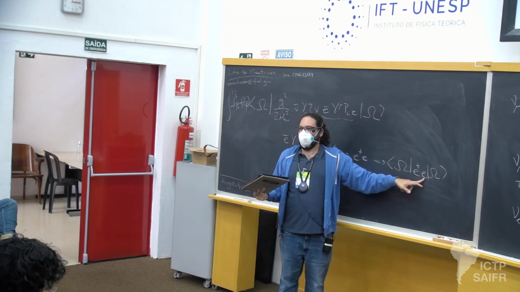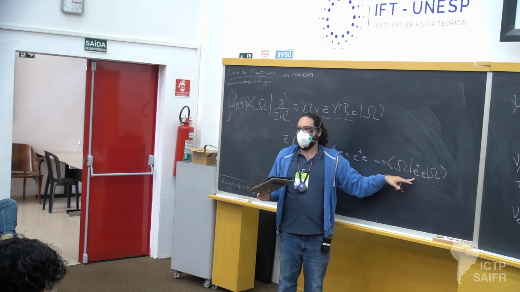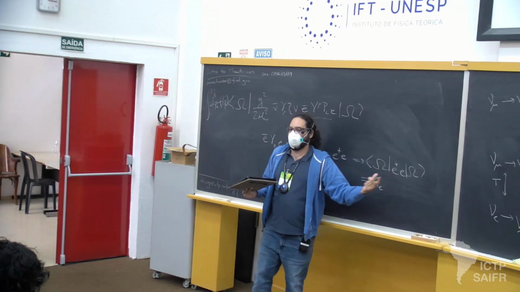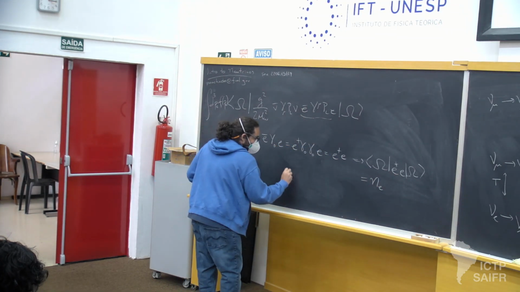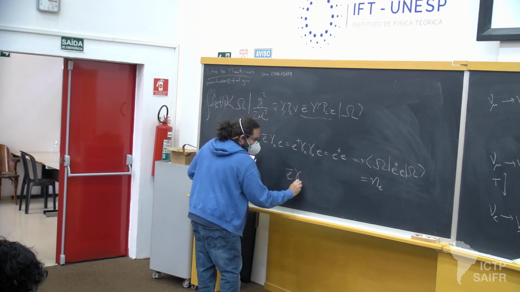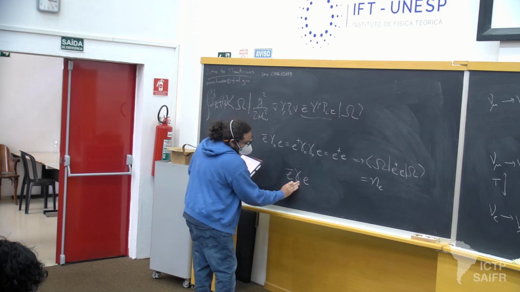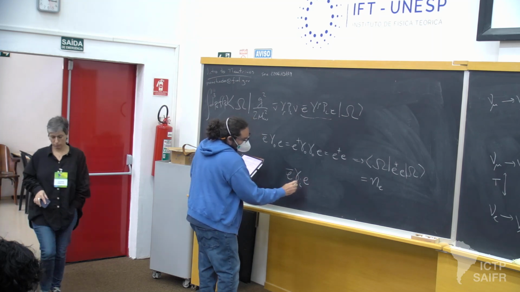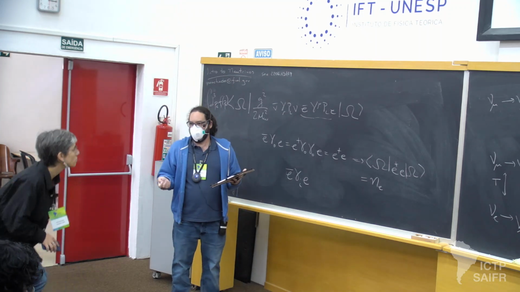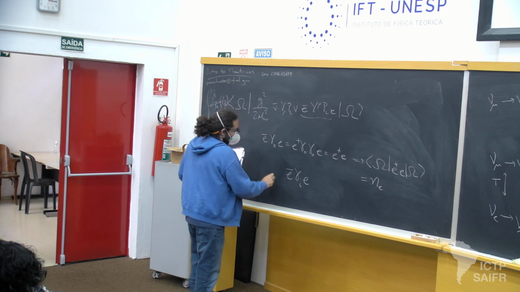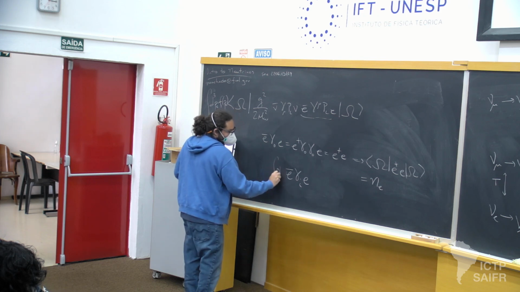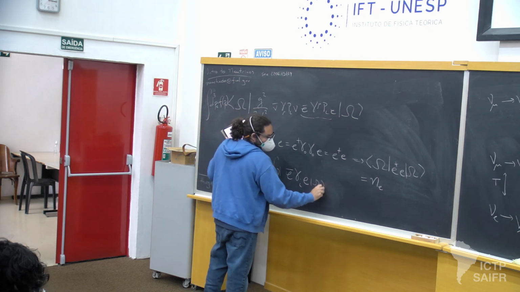This annihilates an electron, this creates an electron, so this just counts the number of electrons you have in your background. And this term here is coupling to the spin of the electron. It doesn't really matter as long as the background is isotropic, so when you integrate and do the average, that actually goes to 0.